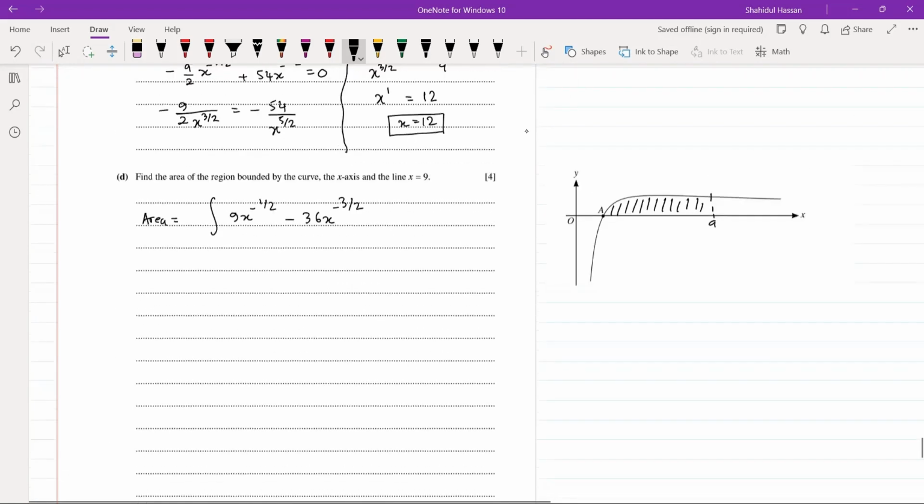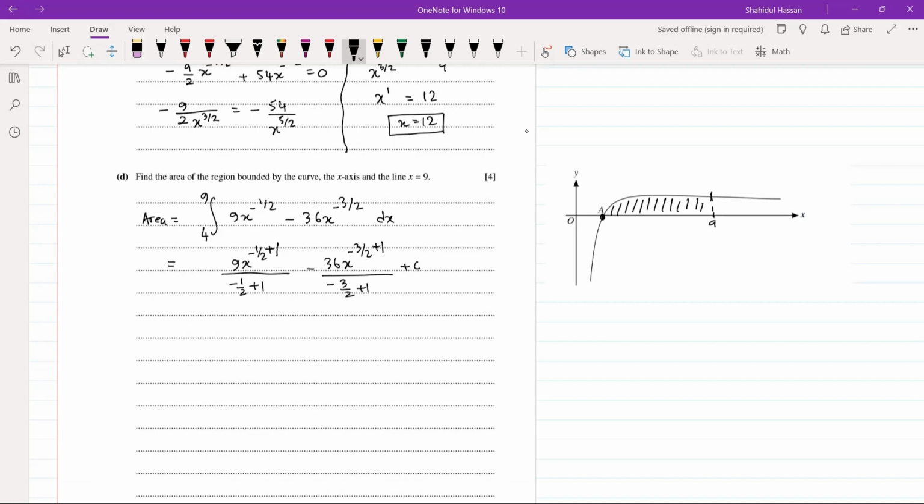This should be integrated in terms of x, and the upper limit should be 9, and the lower limit should be the x coordinate of A. So you're going to write a 4 here, and now we can solve it. Let's integrate this. 9x to the power minus half plus 1 divided by minus half plus 1, minus 36x to the power minus 3 by 2 plus 1 divided by minus 3 by 2 plus 1.